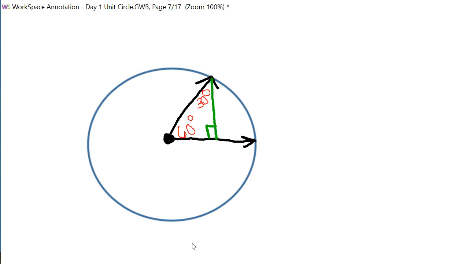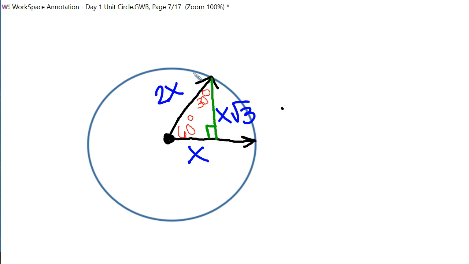Now this is going to be the same format as the last 30, 60, 90 triangle. The side opposite of 30 is x. The hypotenuse is 2x. And the side opposite of the 60-degree angle is x square root of 3. Now I want you to do these three things.